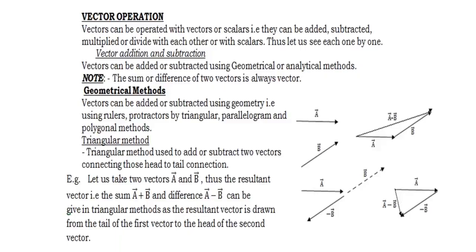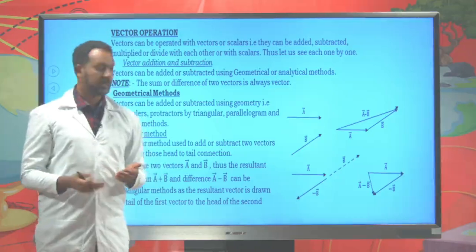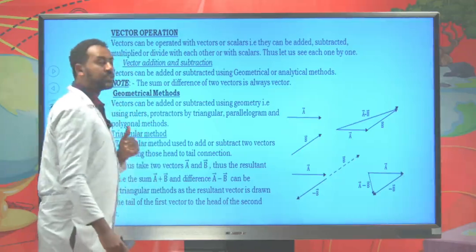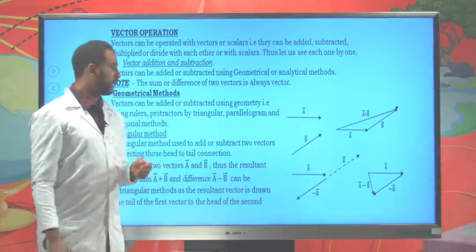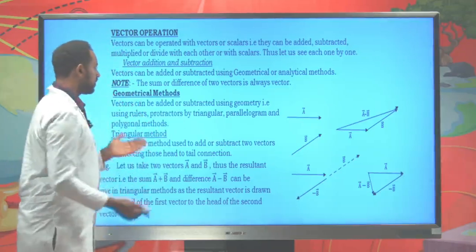Let's proceed. Now let's see vector operations. Vector operation means how to add, subtract, and multiply vectors. It's possible to add, subtract, or multiply vectors using geometrical means and analytical means. First, let's see the geometrical means of adding and subtracting vectors.